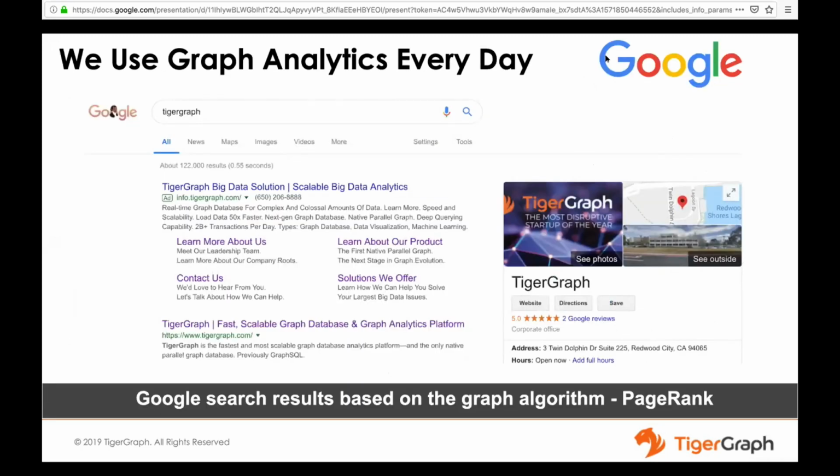Another example of graph-based analytics is PageRank, and I'll bring it home for you on supply chain analysis. Every time you're using a Google search, you're essentially using the PageRank algorithm, which is a graph-based algorithm. What you're trying to do there is find the most influential web pages that are referred to most by other web pages.